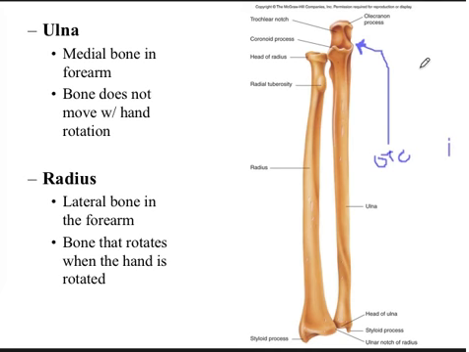Okay, proximal head of the radius is very unusual because it is perfectly dime-shaped. No other bone in the body has that. And on its medial side, it has a radial tuberosity. The proximal head of the radius sits in the radial notch of the ulna to allow that rotating movement.